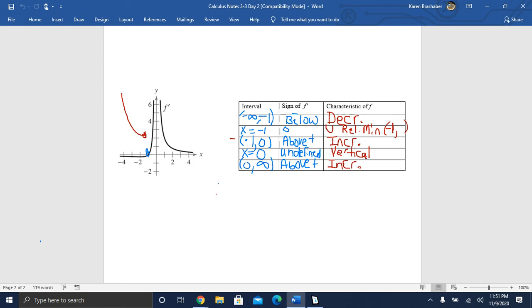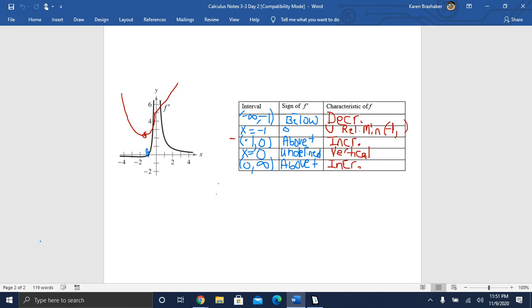And then after that, we need to be increasing. So the graph has to increase. But as it approaches 0, that graph needs to go vertical. So one way that could be drawn is just to have it go vertical here and then start increasing.